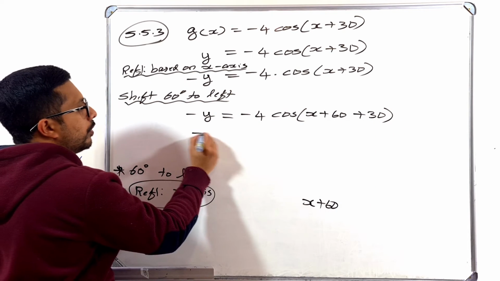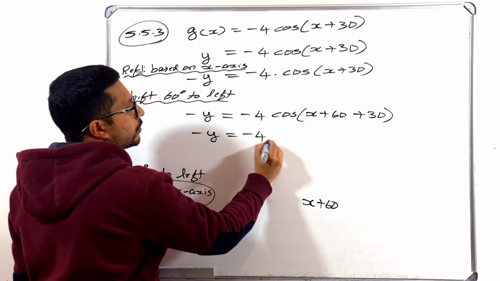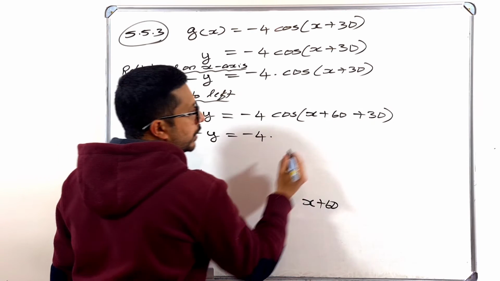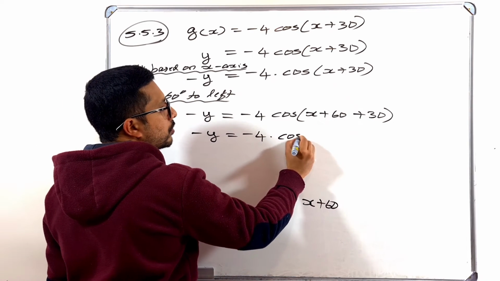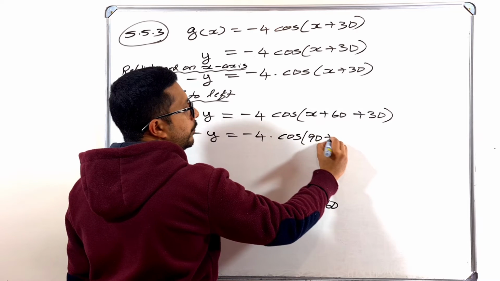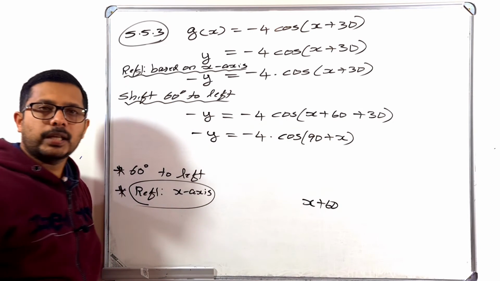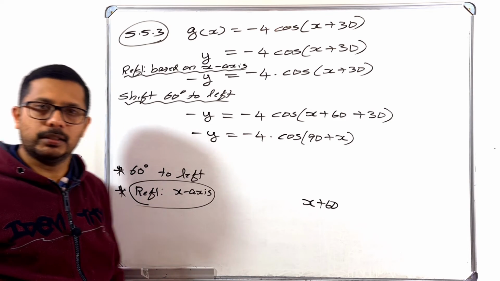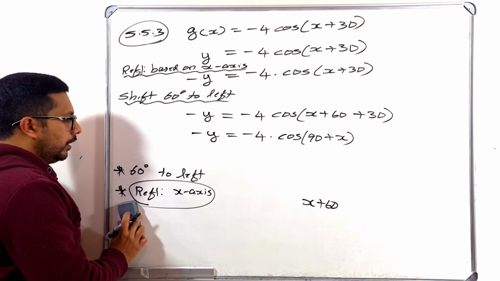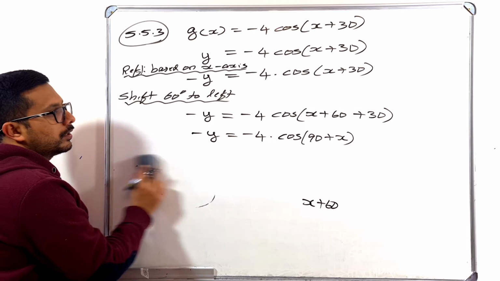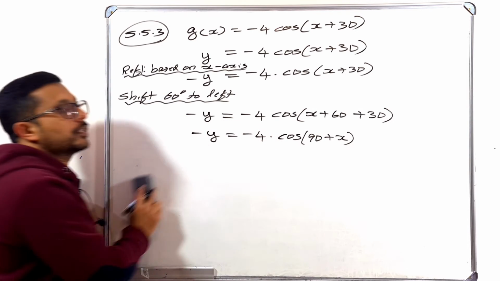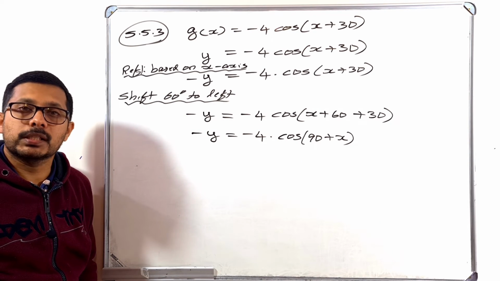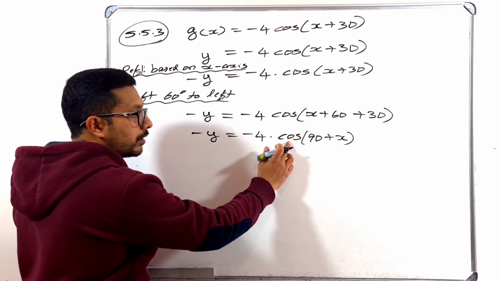So minus y is equal to minus 4 into cos of, 60 plus 30 is 90, so it is cos of 90 plus x. 90 plus x means which quadrant is that? 90 plus x is in the second quadrant. In the second quadrant, what is positive? Sine is positive.